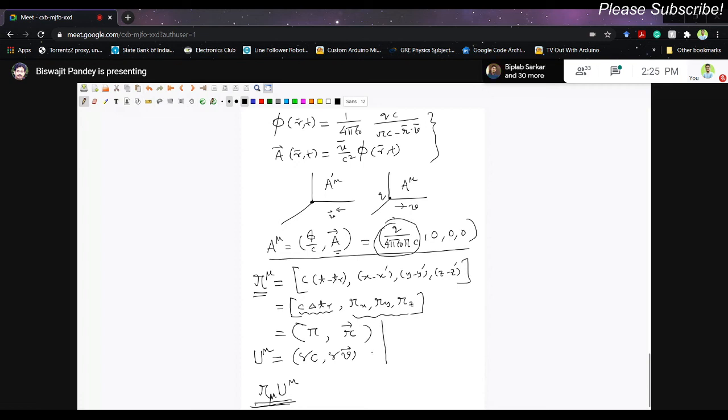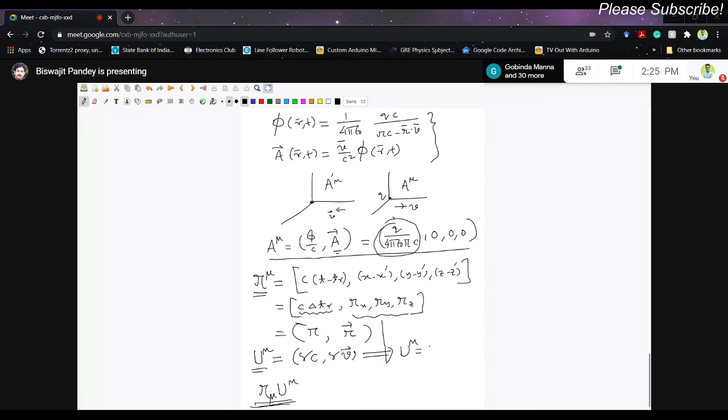So if I ask you what is u mu in the lab frame... Sorry, this is not in the lab frame, in the particle's frame. What is the expression for u mu in the particle's frame?